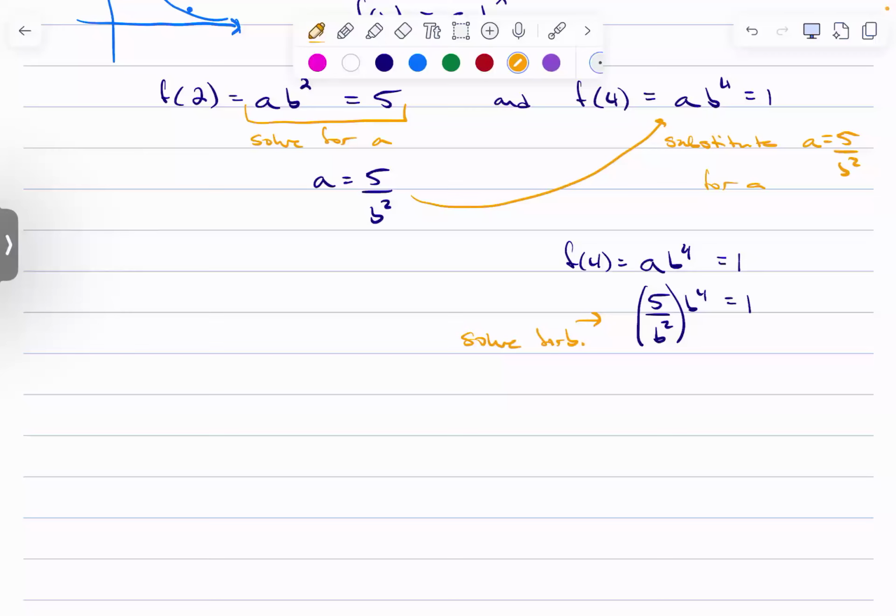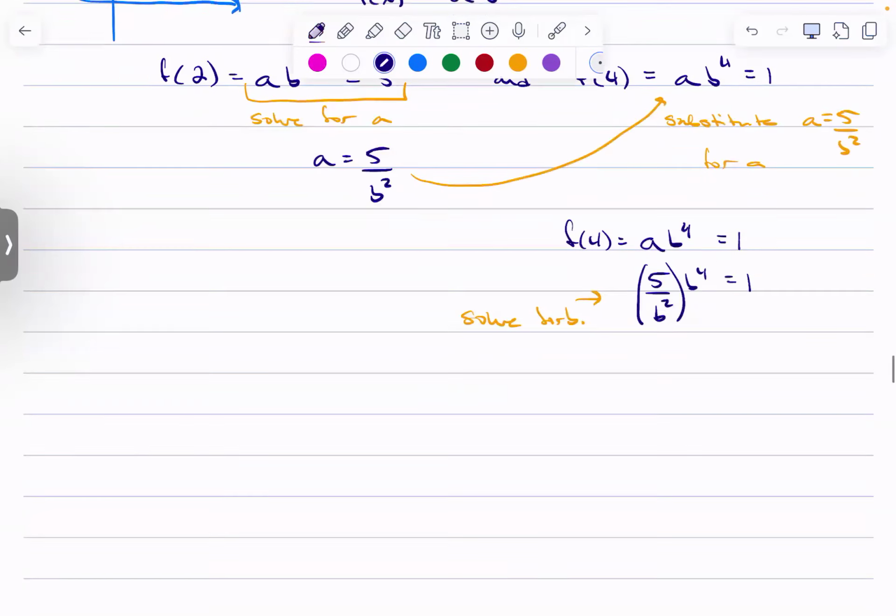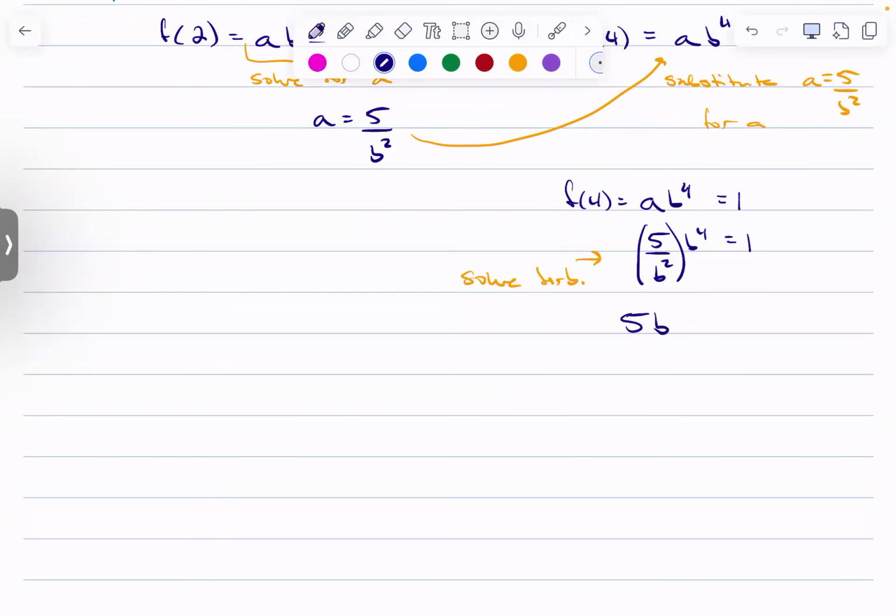I've got b to the 4 divided by b to the 2, which is technically b to the 4 minus 2, right? And so we can start there and we can say, okay, well, this is the same as b to the 5 times b to the 4 minus 2 is 1, which means that 5b to the 2 is 1, which means that b squared must be 1 over 5.